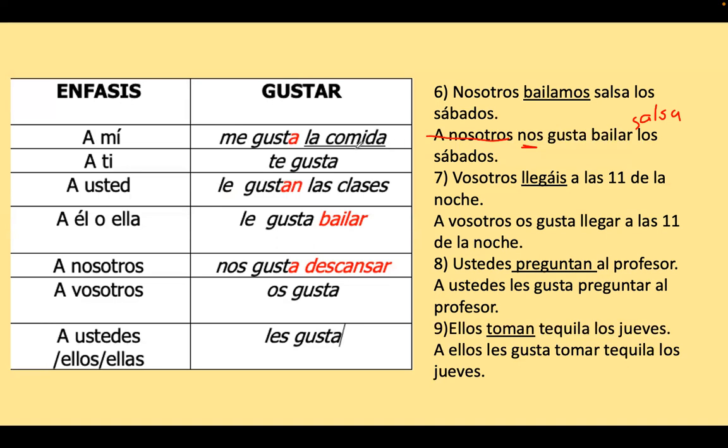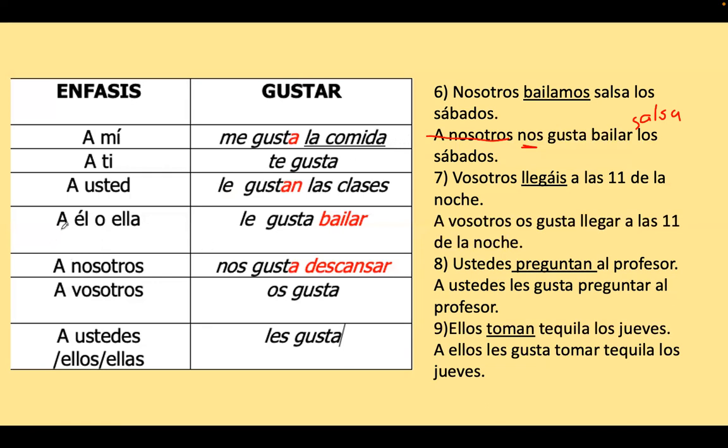I like to eat at the restaurants. Don't forget that it's better to use the verbs that we are studying. So, for example, a mí me gusta trabajar los domingos, o a mí no me gusta trabajar los domingos. Yes, a mí, I don't like to work on Sundays.